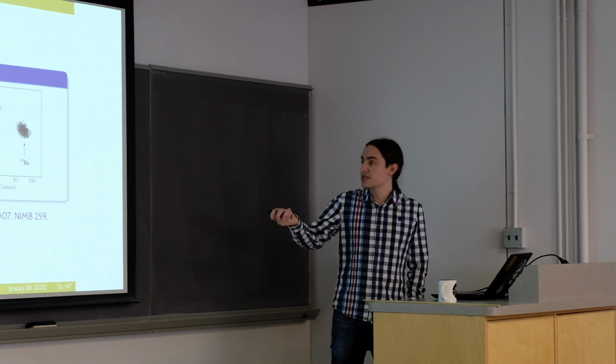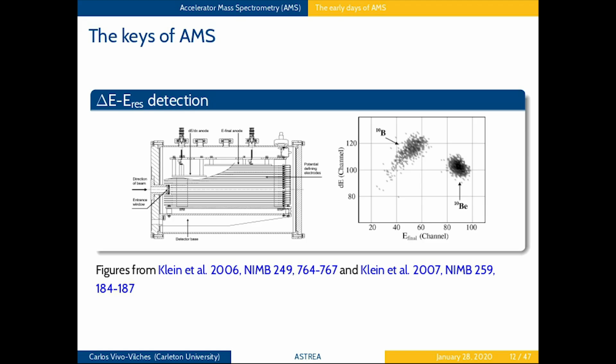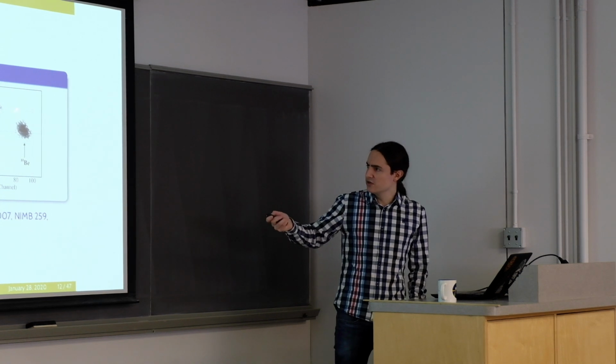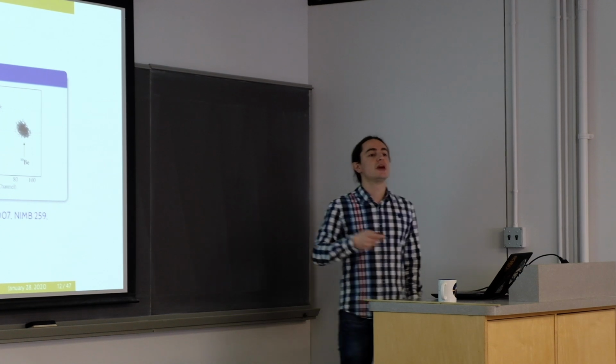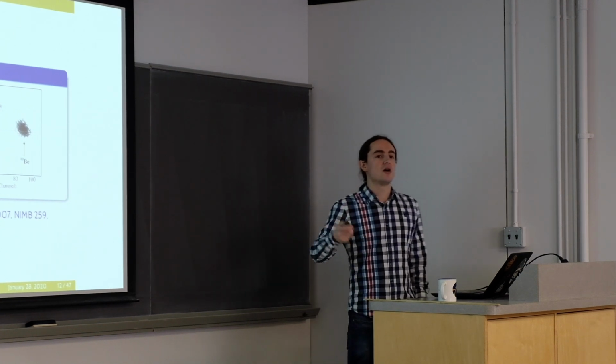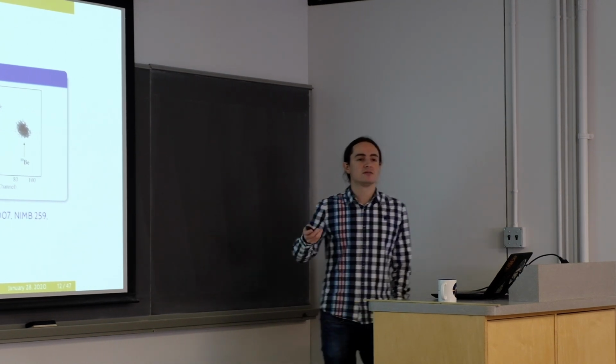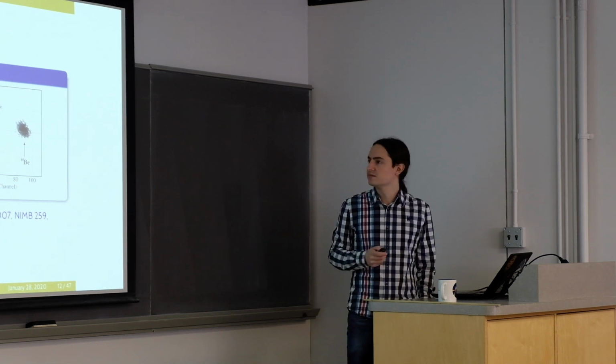So when we are measuring, for example, beryllium-10, both have the same energy, but since they have a different atomic number, the boron is going to leave more energy in the first anode and less in the second. So you can do this separation of the ions of beryllium and boron. So you get rid, in some cases, also of this potential background of the stable isobar.